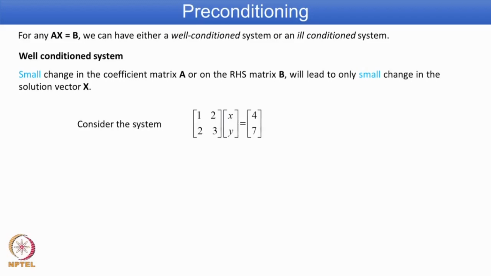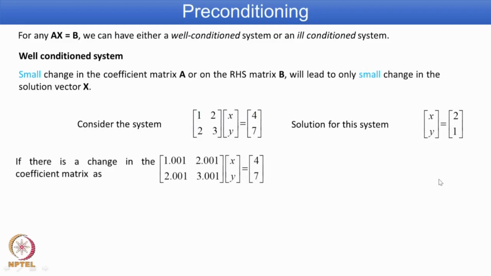Consider the system A x equal to B, where the coefficient matrix A is defined with the elements 1, 2, 2, 3, and the solution vector as x and y, and the right hand side vector B as 4, 7. If you solve this, you get the answer x, y equal to 2, 1. Now, what we do is make a small change in the coefficient matrix as shown here. Instead of 1, it is now 1.001.